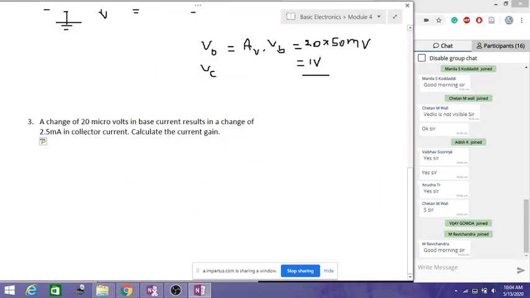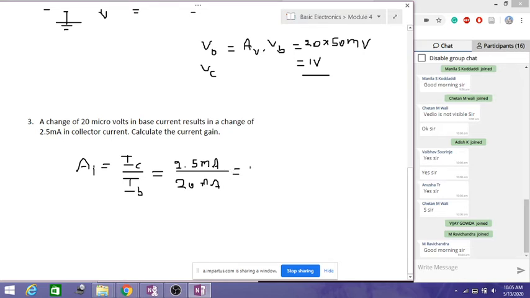It is given that the change in the base current results in the change in the collector current of 2.5. So AI is equal to the output current IC by IB. Just substitute these values, that is 2.5 milliamperes by 20 milliamperes.